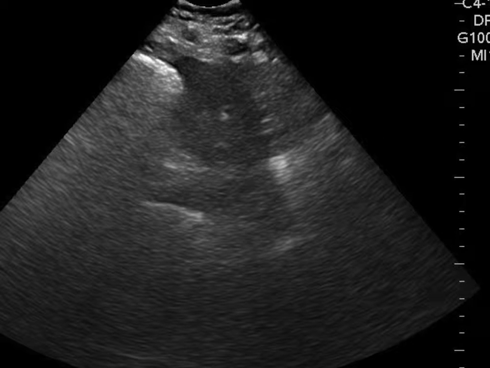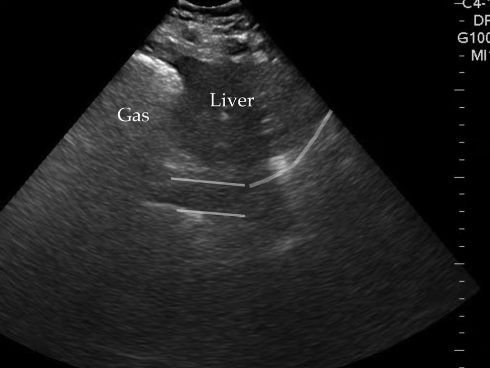Let's try to pick out some of the anatomy that we saw in that previous view. Well, we can still make out roughly the diaphragm as well as the liver, and just inferior to the liver, or to screen left, we have the gas that's obscuring it. Even though the gas is obscuring the IVC, we're able to see a little bit more of it, a little more distally, and those are its walls when the patient isn't in inspiration.